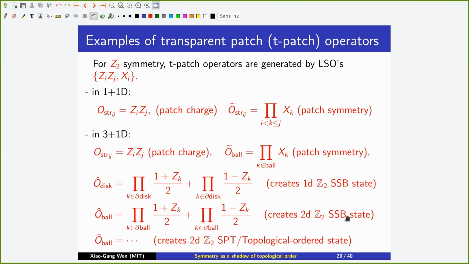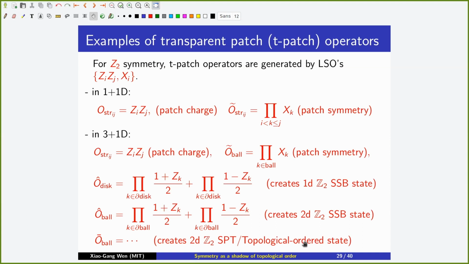Okay. And then in general, we can also do a similar thing, creating the SPT state on the boundary. In 1 dimension, we can do SPT, and in 2 dimensions, we can also do SPT. But also, in 1 dimension we have no topological order, but in a 2-dimensional boundary, we can even create topologically ordered states.